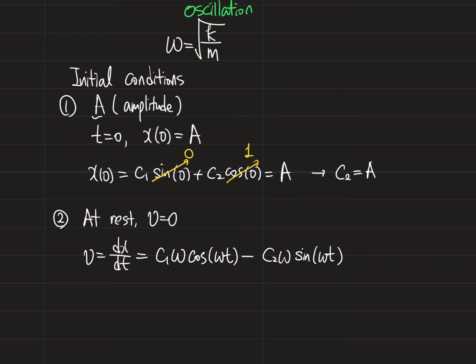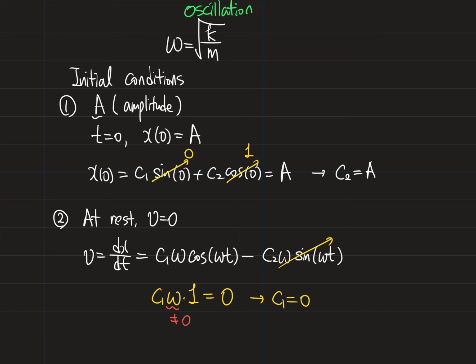So at time 0, we don't have the sine term anymore, and c1 omega multiplied by 1 should be 0. The angular velocity is not 0 here, so that means the constant c1 should be 0.